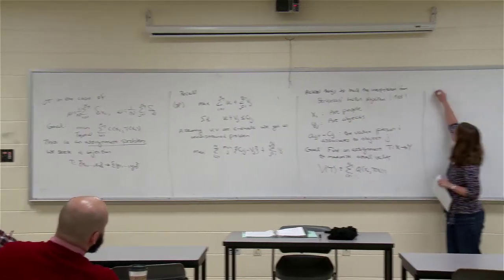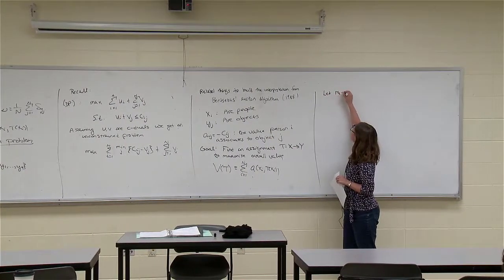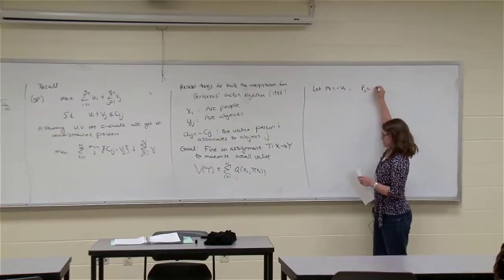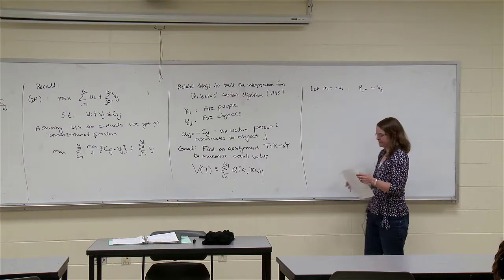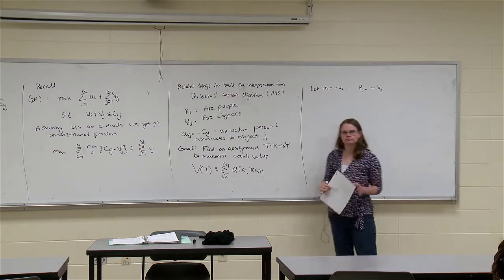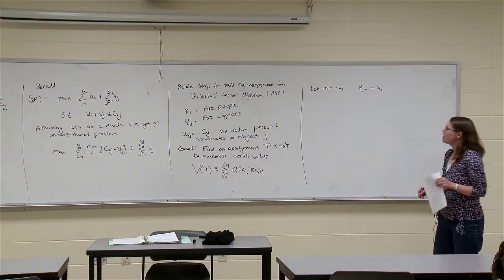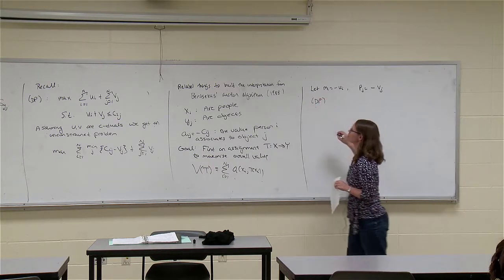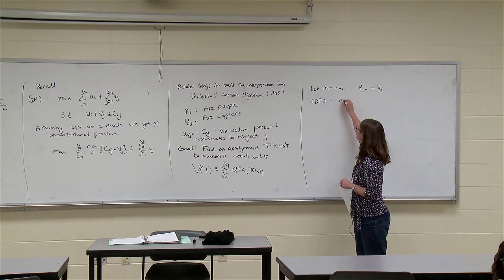So let's let m_i equal minus u_i, and p_j is minus v_j. Then in this language, the dual problem is no longer a maximization problem, it's a minimization problem.